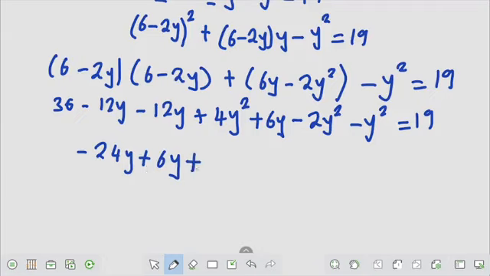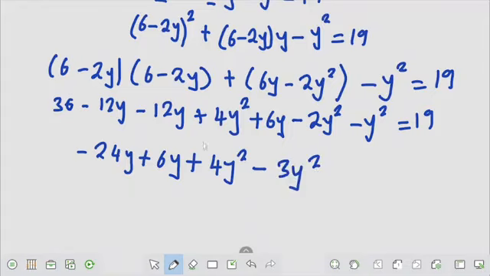Then we can say plus 4y squared. Here we have negative 2y squared minus y squared, which will be negative 3y squared. I hope this is clear. So here you can write minus 3y squared.